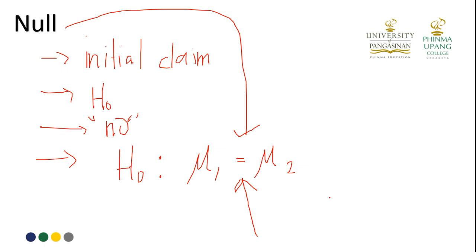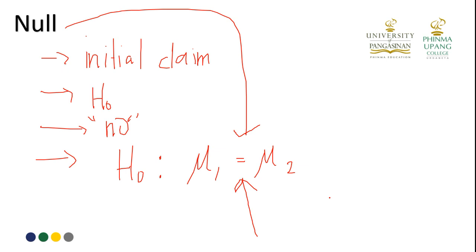And it is denoted by H0. And the keyword here is no significant difference, no changes, nothing happened, walang relationship between the parameters. And when it comes to symbol naman, H0, population mean is always equal to the other population, and it is always denoted by equal sign.